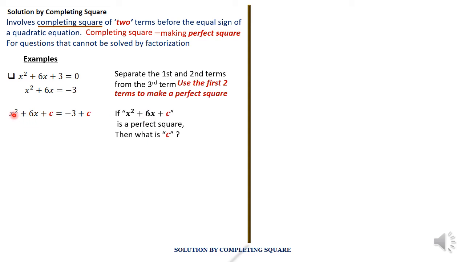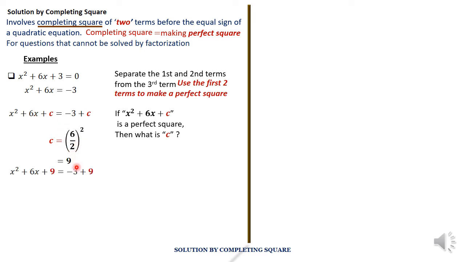Now this is the question here. If x squared plus 6x plus c is a perfect square, then what is the value of c? Normally c is the square of half of the middle term. In our case the coefficient of the middle term is 6, so 6 divided by 2, squared, gives us the value of c. In our case it's 9.